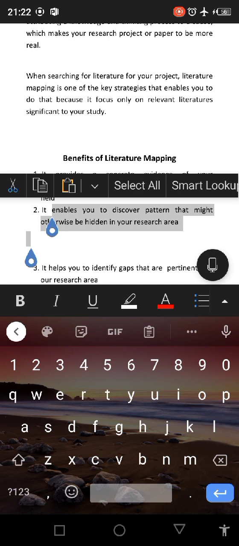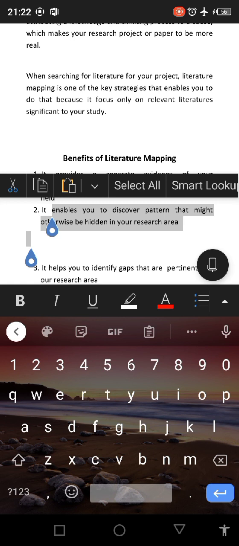In what sector do they attach them to? You understand? Is it the manufacturing sector? The energy sector? Small and medium scale enterprises, different kinds of sectors. Literature mapping enables you as a researcher to discover this pattern, this trend, the area, the scope.